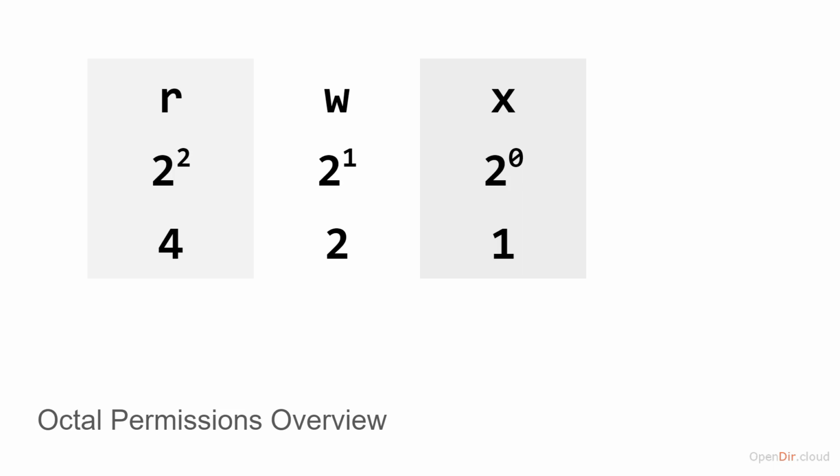The individual positions are each associated with a binary value. The execute permission is associated with 2 to the 0 and has a value of 1. The write permission is associated with 2 to the 1 and has a value of 2. Lastly, the read permission is associated with 2 to the 2 and has a value of 4.